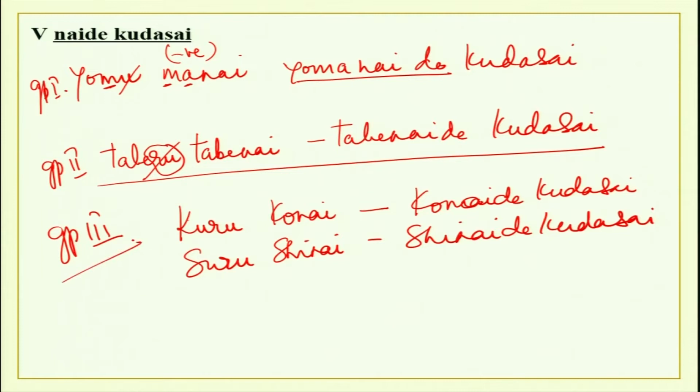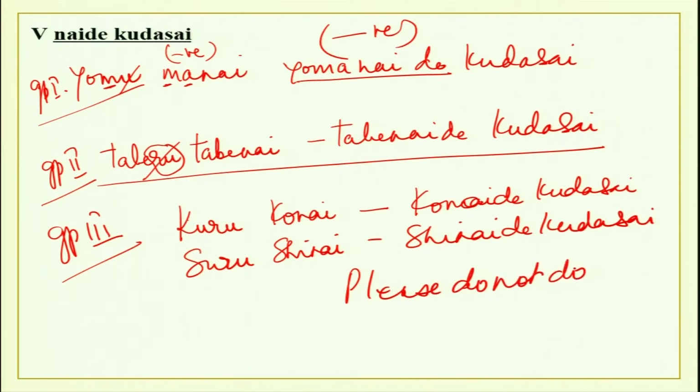So, this is group 3, group 2, this is the pattern, and group 1, this is the pattern. You can remember it for negative, nai de kudasai. Please do not do this. Please do not do whatever the verb is saying.